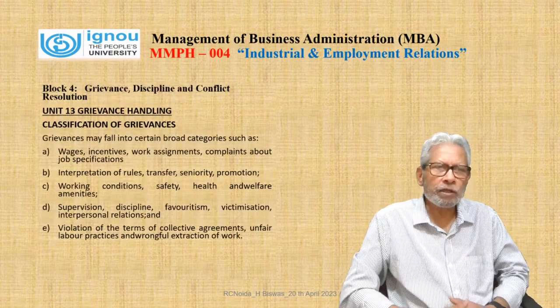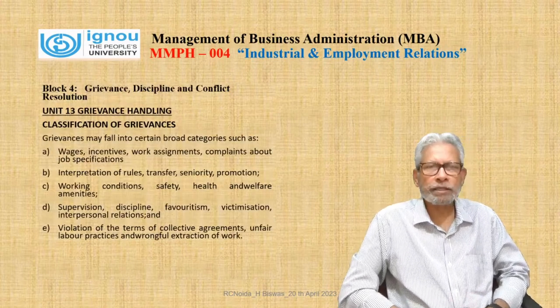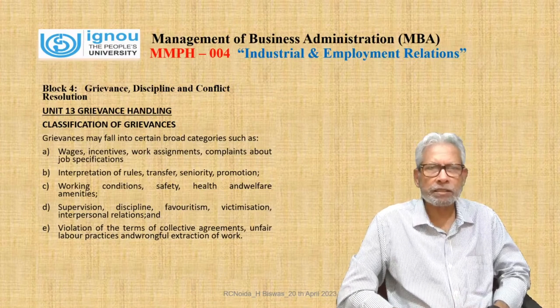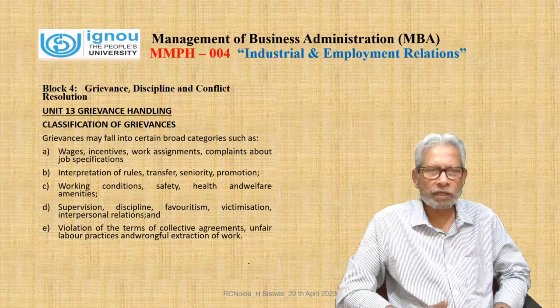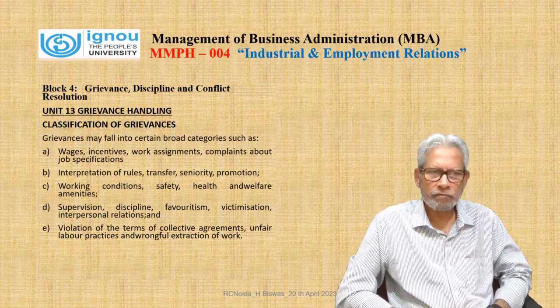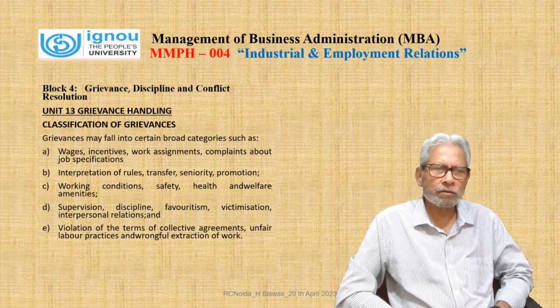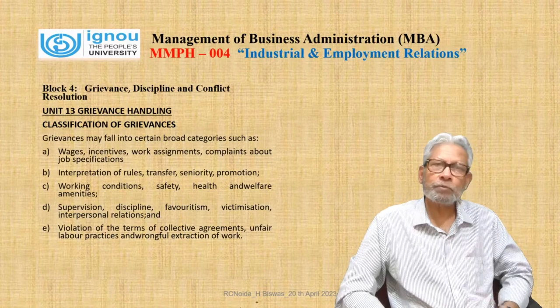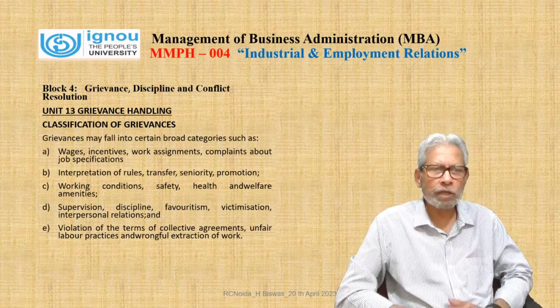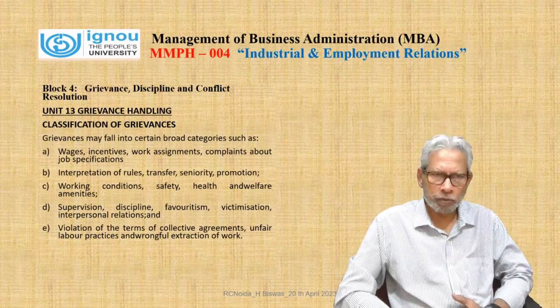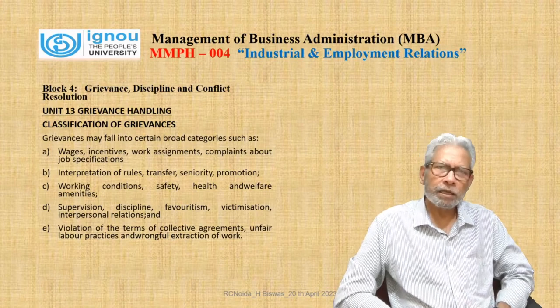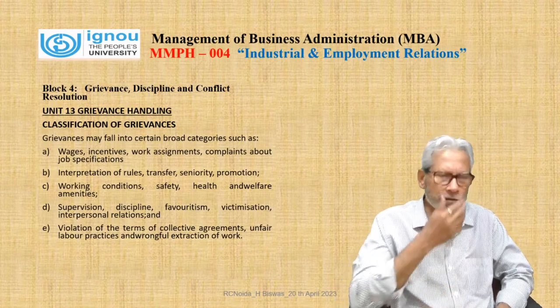Grievances may fall into certain broad categories, such as wages, incentives, work assignments, and complaints about the job specifications. That is one of the categories. Another category is the interpretation of the rules, because whatever rules and procedures are written are not clear-cut or defined.